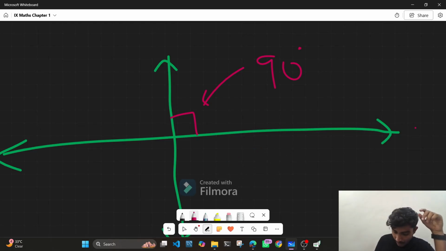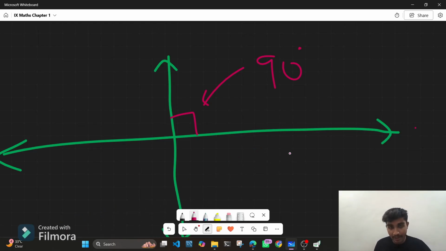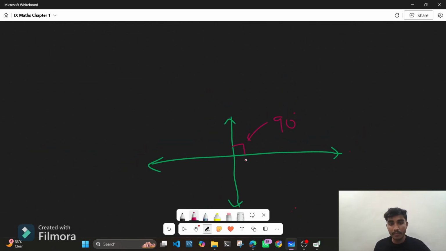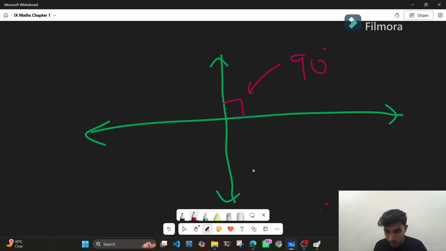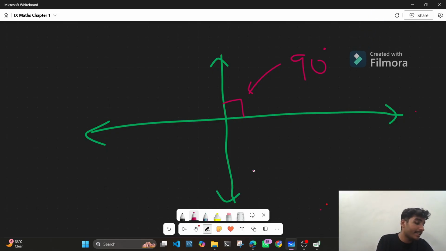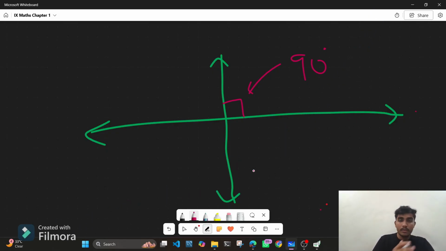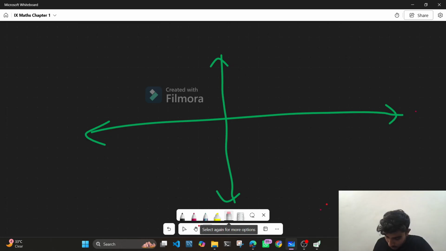You can see that here we have a line and here we have a line. Both the lines are at right angle to each other. So this is how we represent a 2D space. Both these lines mutually make a 2D system.